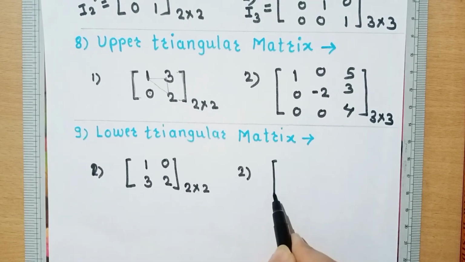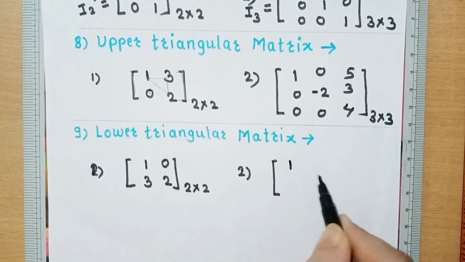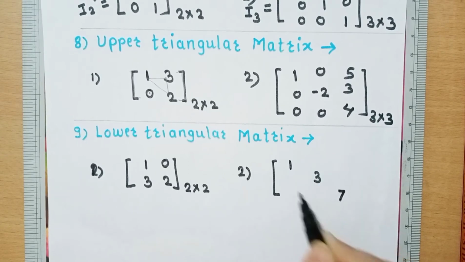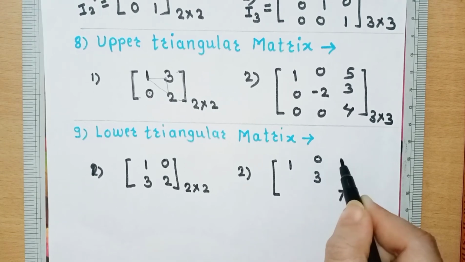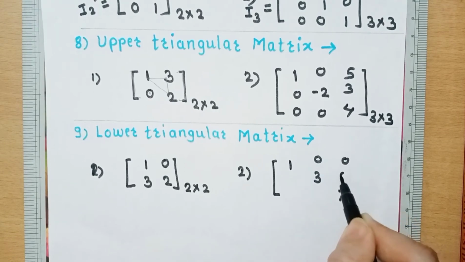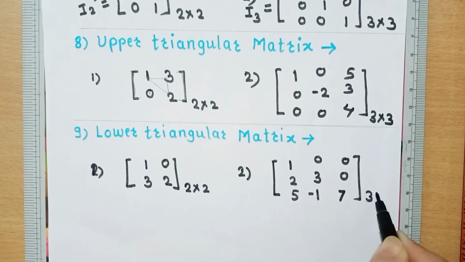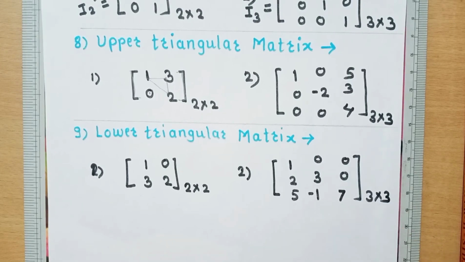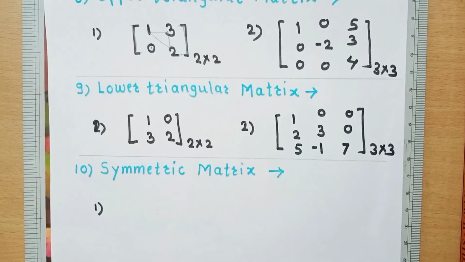Second, suppose diagonal elements are 1, 3 and 7. Above the diagonal elements are 0. So these are lower triangular matrix.